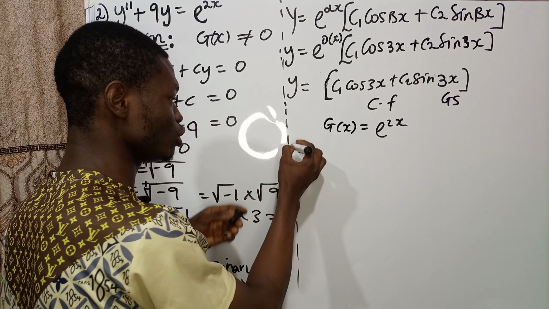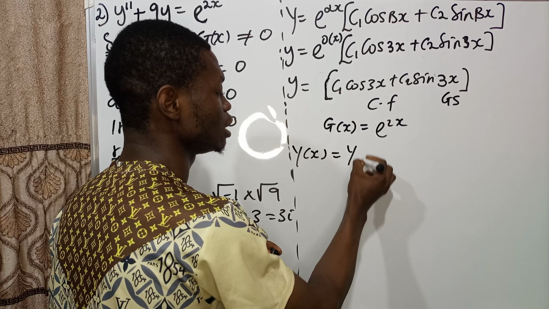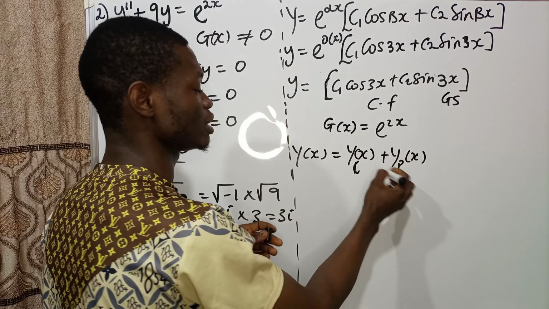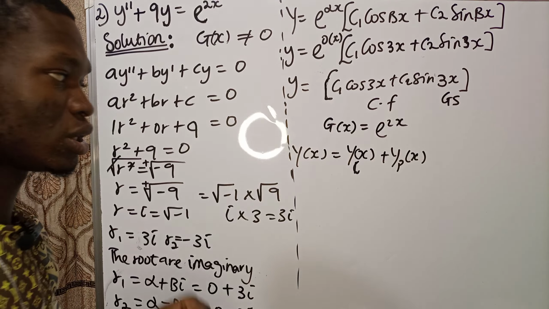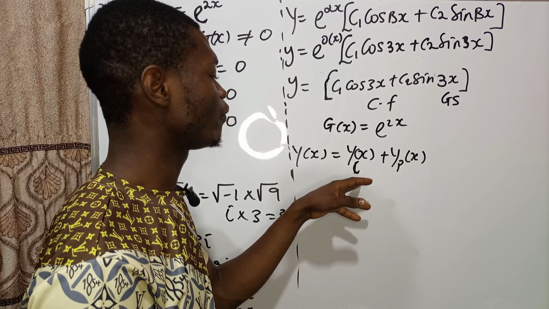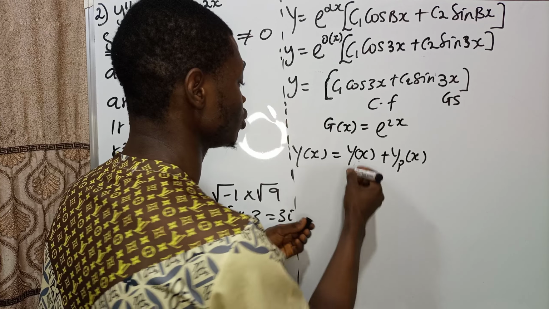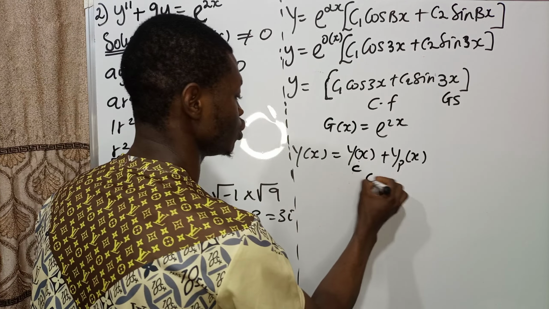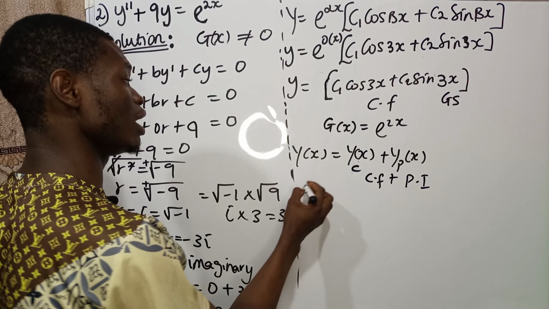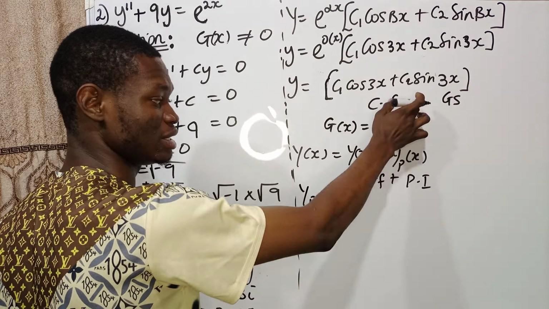The solution for the non-homogeneous equation is y(x) = y_c(x) + y_p(x), where y_c means the complementary function and y_p is the particular integral we are looking for.